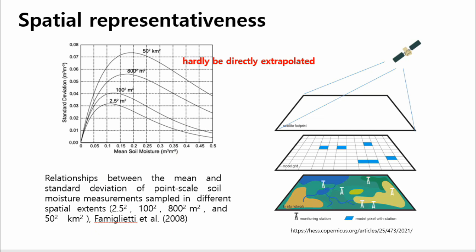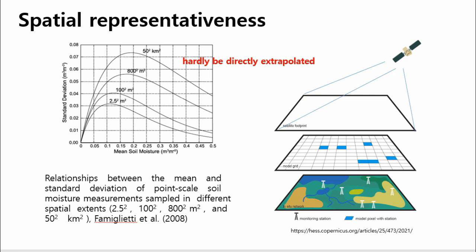Like we just discussed in the previous slides, these satellite pixels and spatial resolutions are not something that we can easily or conveniently get from the extrapolation of model grids or from local stations.